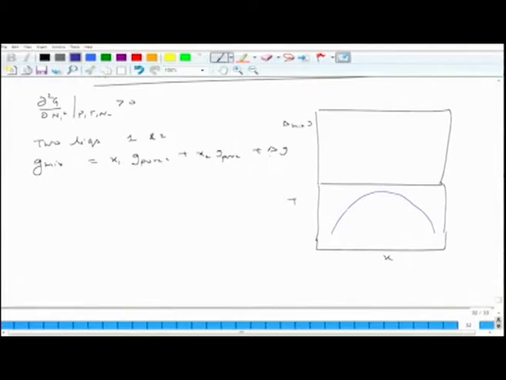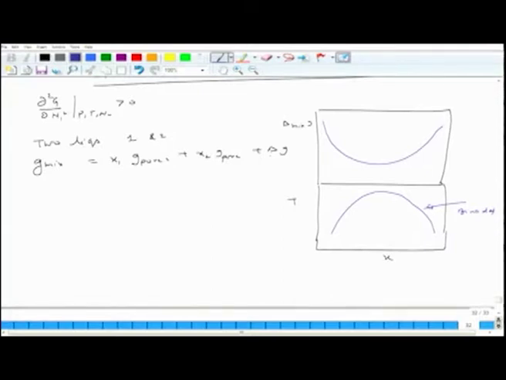So you would expect the second derivative of delta G mix with respect to composition to be greater than 0 in this case, because these are the stable phases. Correspondingly, at T1 you may have something like this, a pretty much stable phase which is concave up.